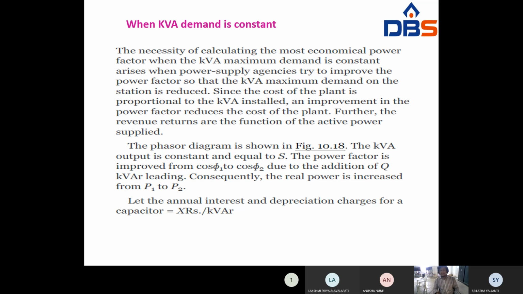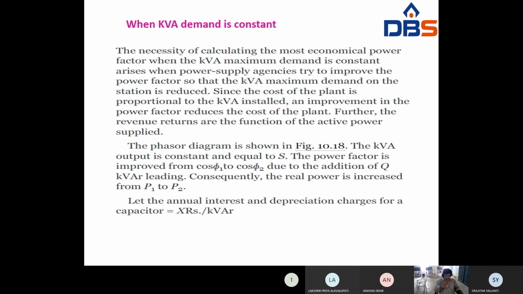Next, the most economical power factor when kVA demand is constant. The kVA output is constant and is equal to the rated power S. The power factor is improved from cos phi 1 to cos phi 2 due to the addition of capacitance.